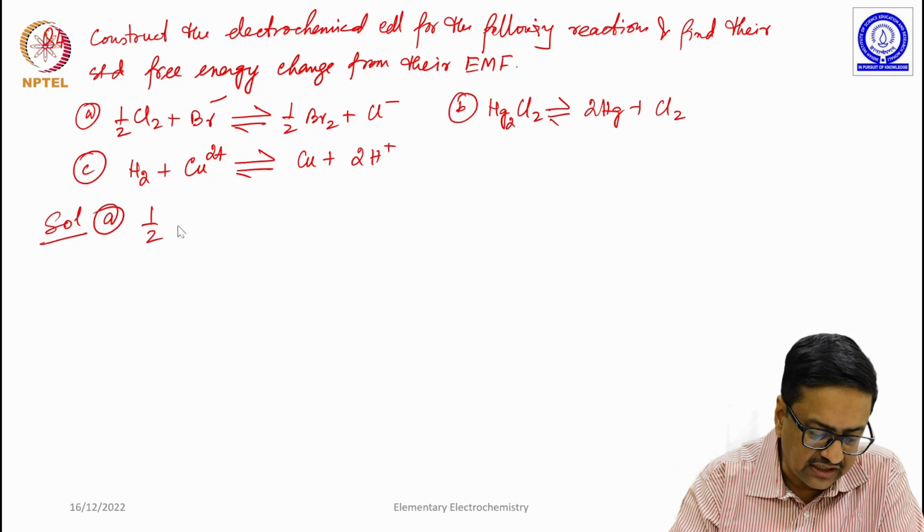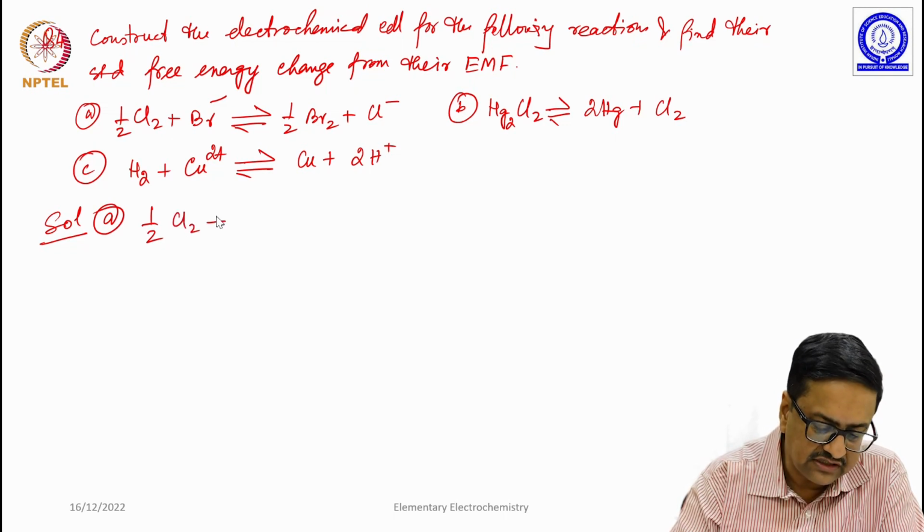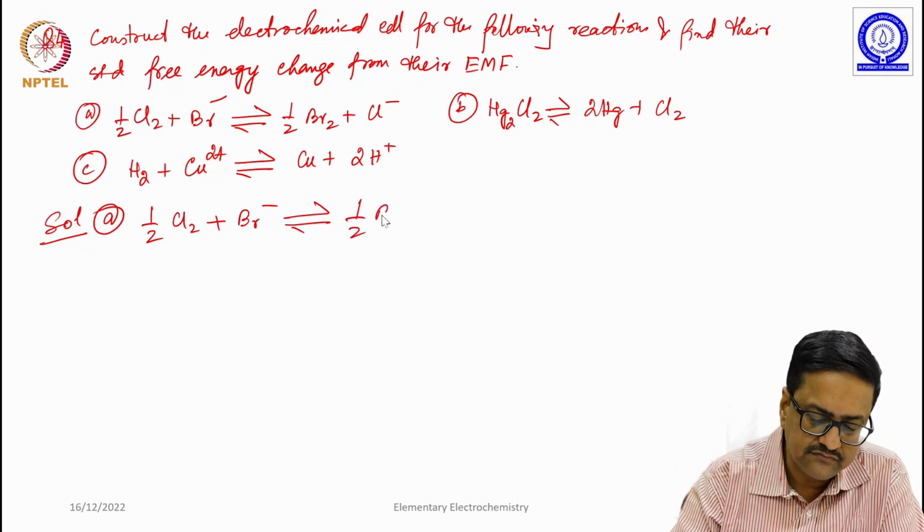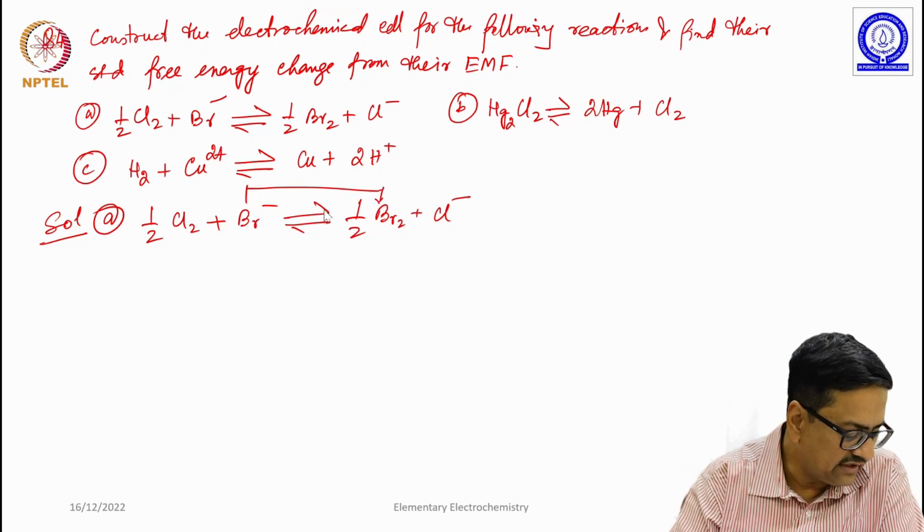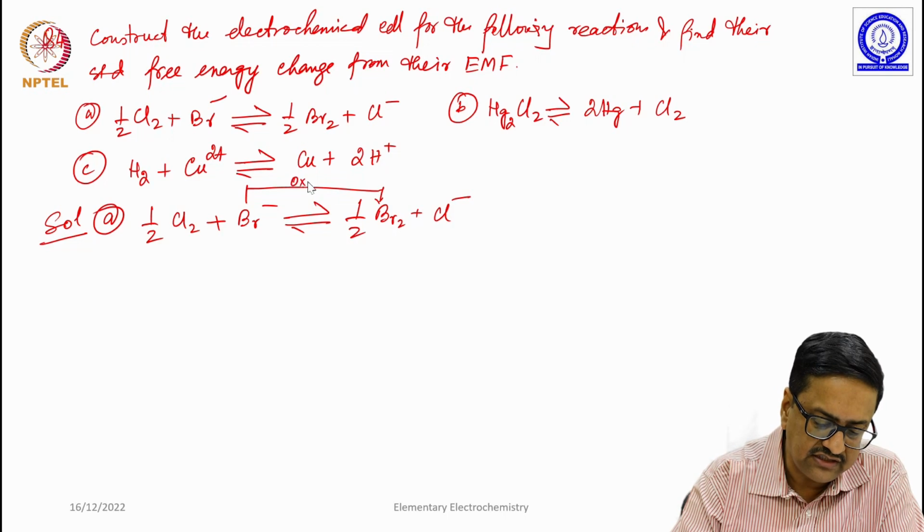So it is nothing but half Cl2 plus Br minus giving you half Br2 plus Cl minus. So here what we see, bromine is getting oxidized.